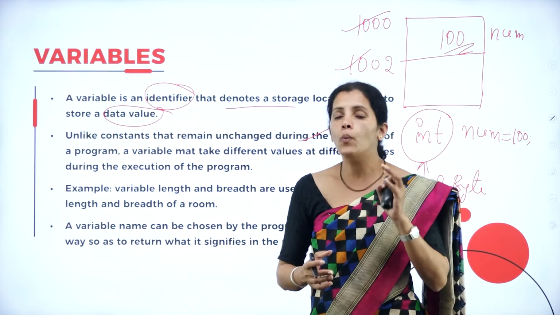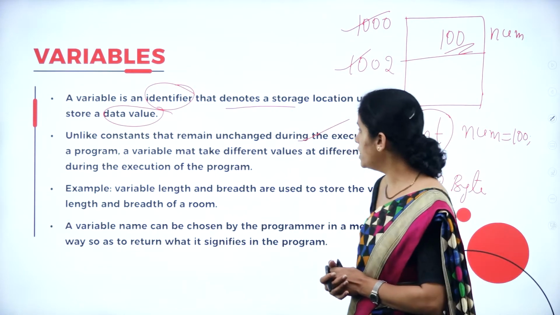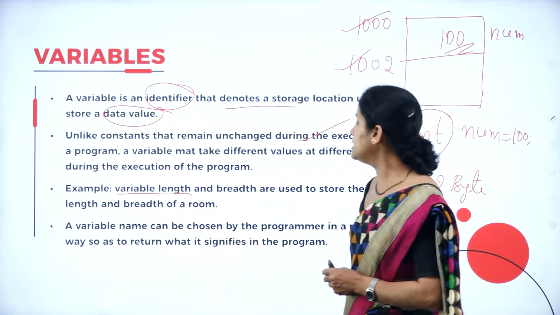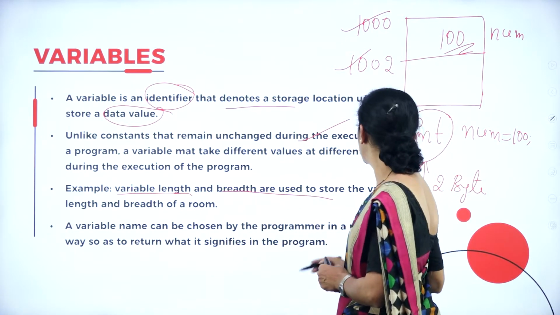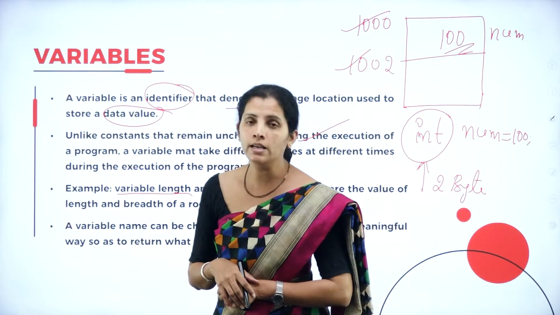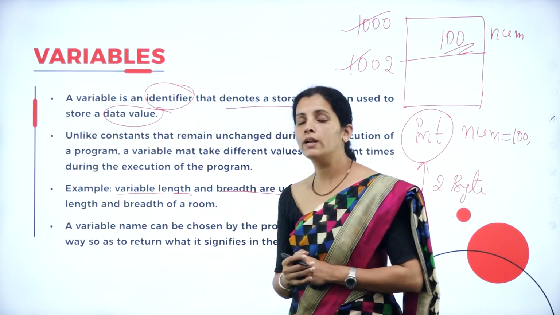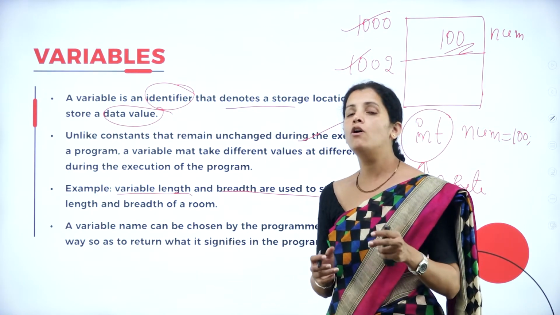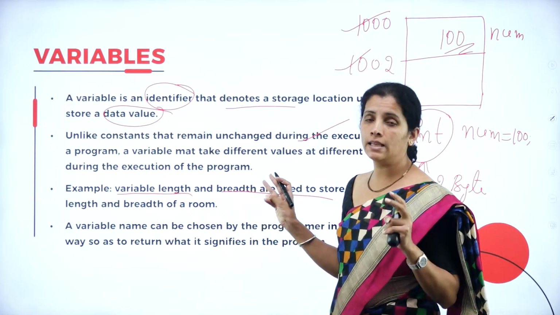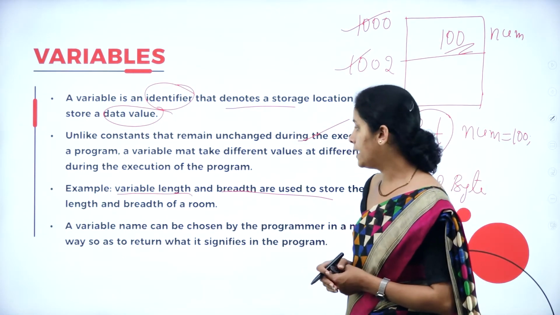That means values can be changed during the execution of the program. So variables length and breadth are used to store the values of length and breadth. If I consider a rectangle box, to represent it I am going to consider two variables, that is the length of the rectangle and the width of the rectangle.